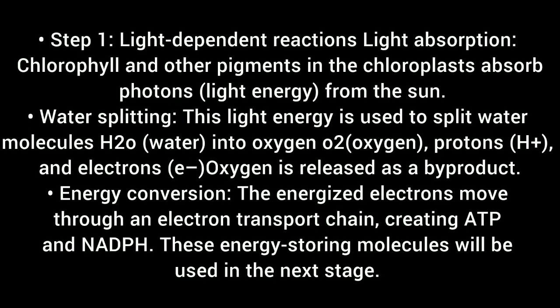Let's see in detail the first step, the light-dependent reaction. Here, the chlorophyll and other pigments in the chloroplast of the thylakoid membrane of the plant absorb photons, meaning light energy from the sun. Next, water splitting. The light energy is used to split water molecules, H2O, into oxygen, O2, protons, H plus, and electrons, and it releases the oxygen as a byproduct.